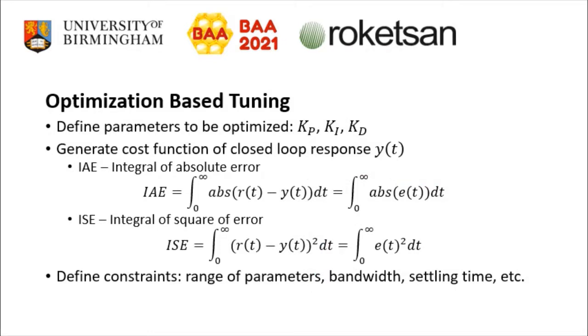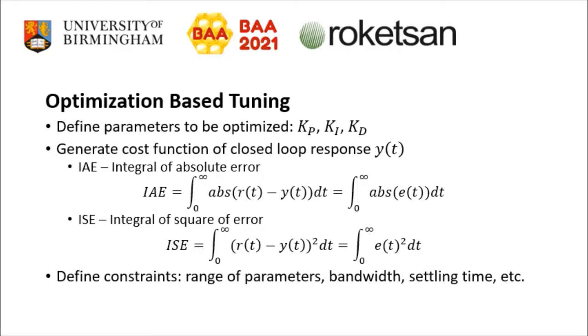Since the issue is an optimization problem, we have parameters to be optimized, which are the controller values Kp, Ki, and Kd. Then we construct a cost function related to the closed-loop response of the plant. It can be the integral of absolute error, or a stronger version called the integral of square of error.